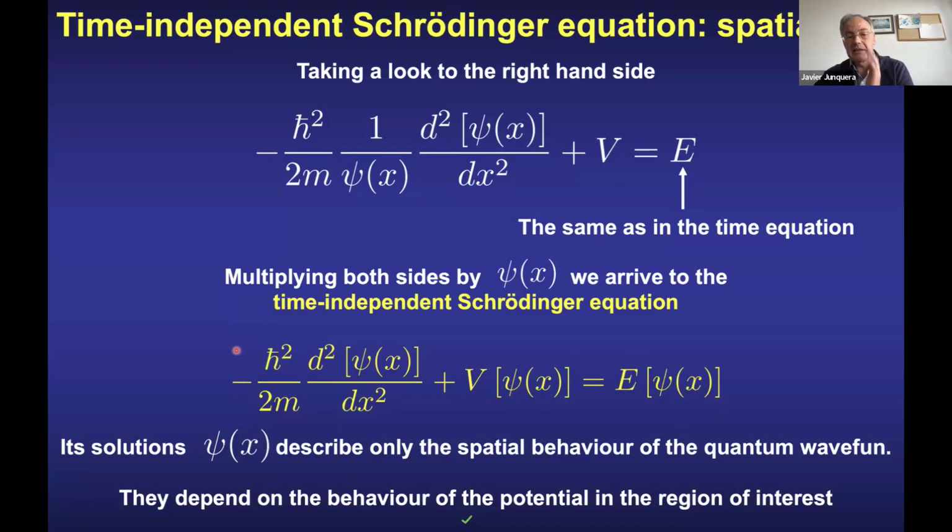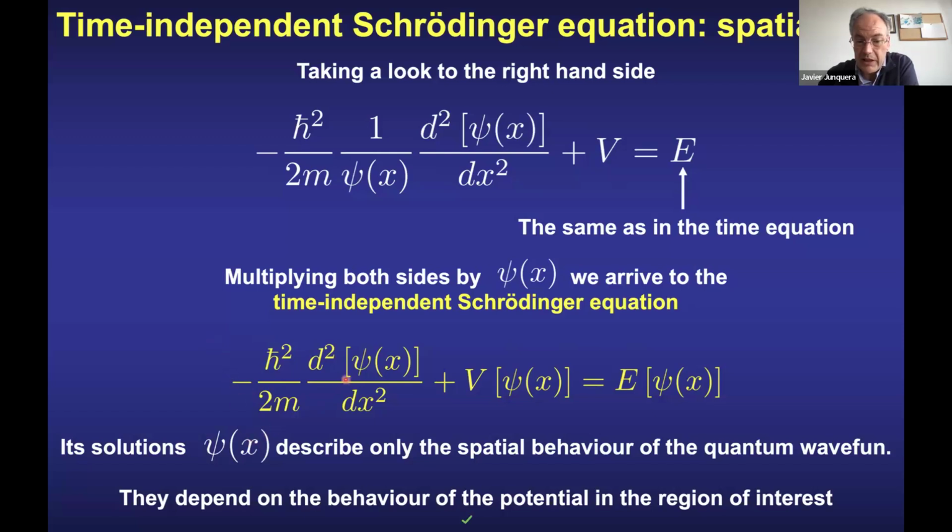Okay, so in many cases this is the Schrödinger equation you are used to looking at. Okay, remember that this is only the solution of the spatial part. So we have also the time-dependent part that was described in the former slide.